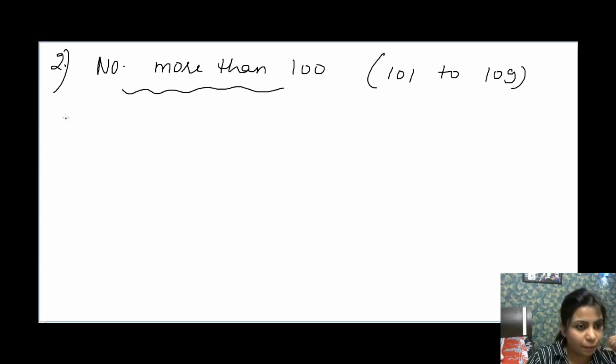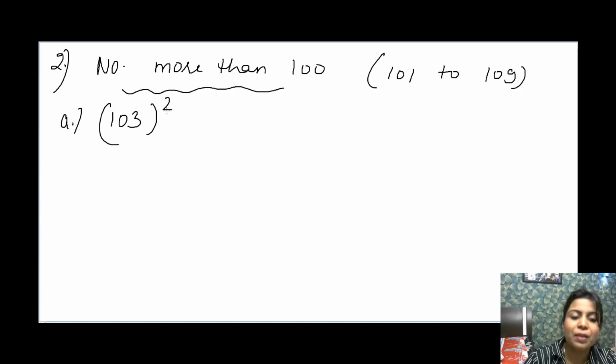So let's take one example as 103. Square of 103. Now before starting this, you should know how much it is more than 100. So it is 3 more than 100.